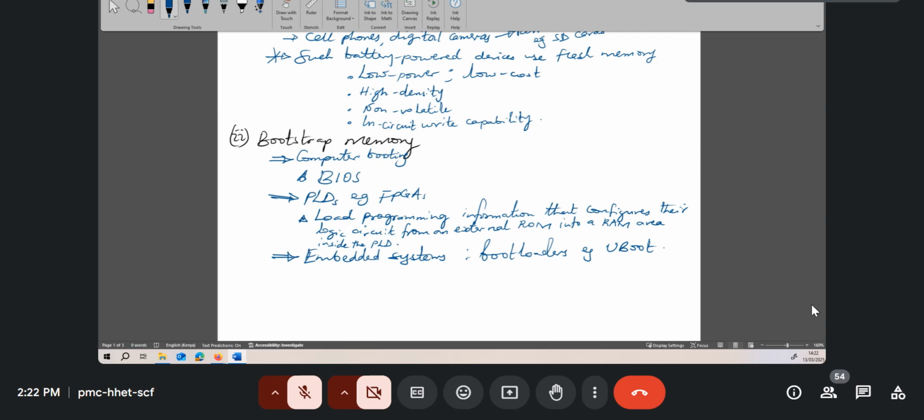And the U-boot program contains the instructions to boot the device's operating system kernel.